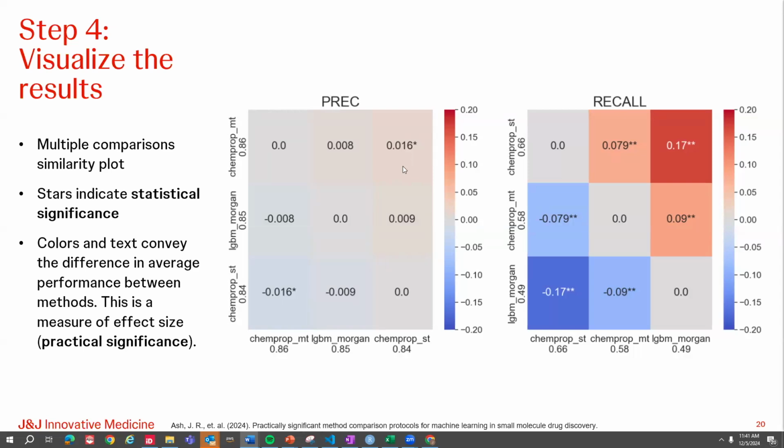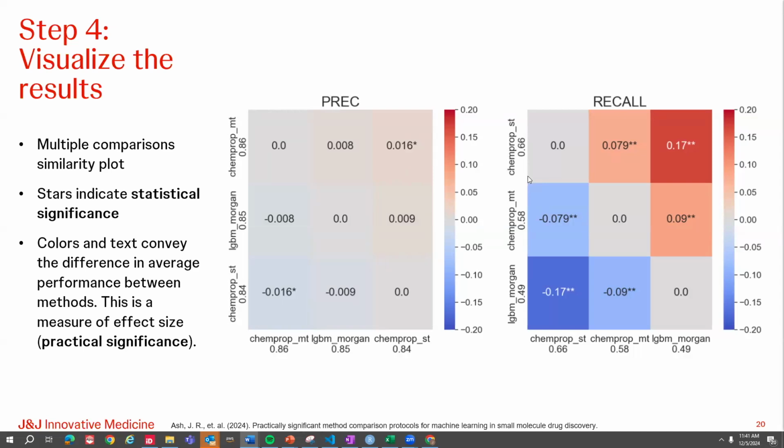comparisons. And then on the margins, we have the performance for individual models. That's important because that information is lost when you just look at a difference, but it's important to understand the utility of the individual models.